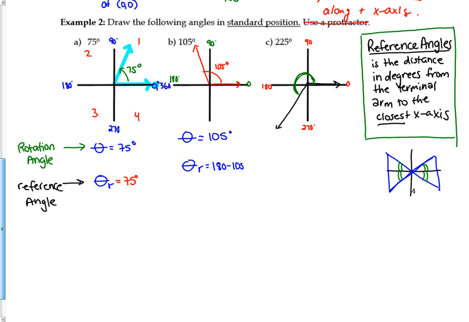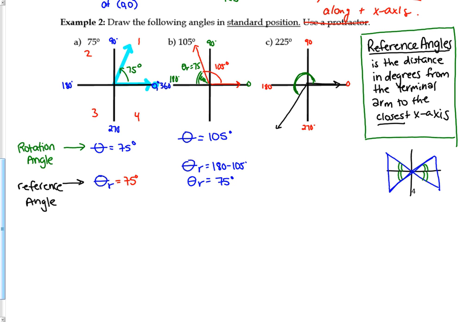If we want the angle between the rotation arm and the x-axis, right there, it's 180 minus 105, which is 75 degrees. Okay, so this theta reference is 75.